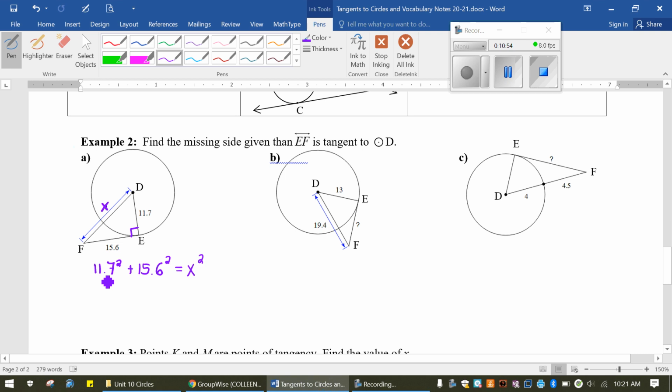If you have a calculator that has a display, you can type all of this into the calculator at one time, and you'll get 380.25 equals x squared. And then what you do is take the square root of both sides, and we're going to round to the nearest hundredth if necessary. So this one, we get 19.5.